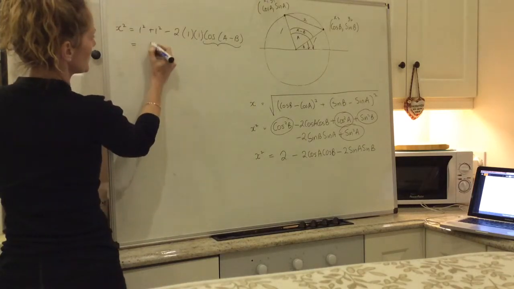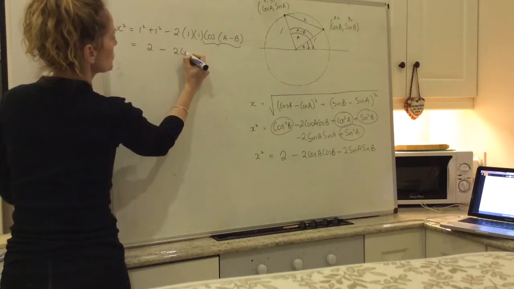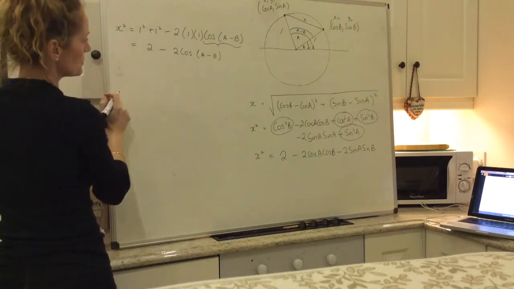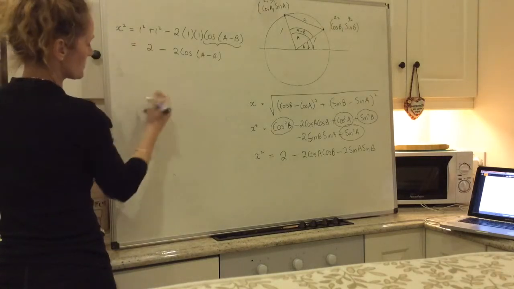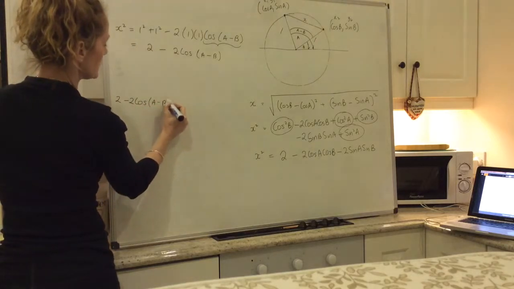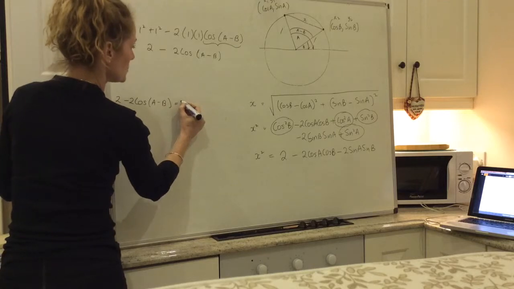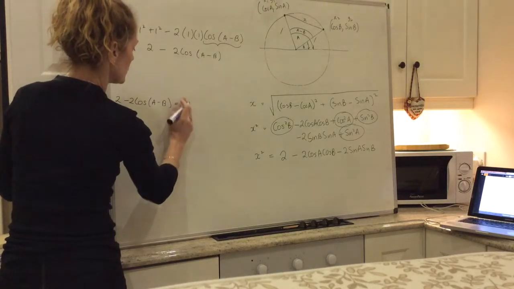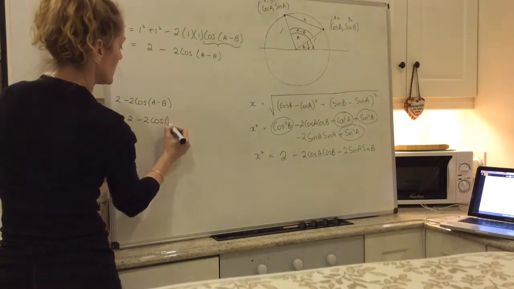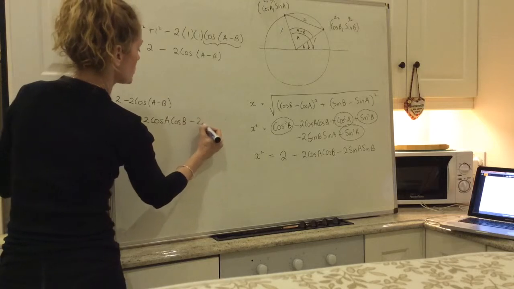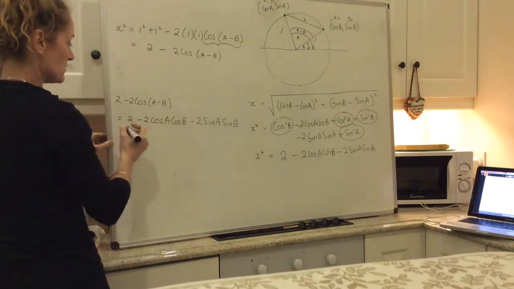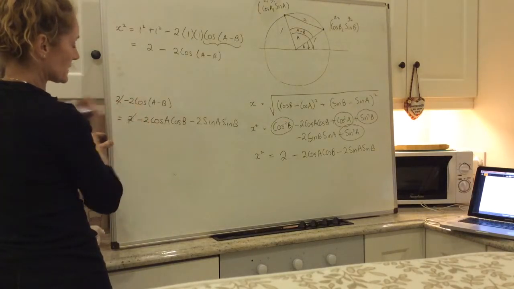So first of all, let's just simplify that. That's 2 minus 2 cosine A minus B. Now we can put the two things together. So 2 minus 2 cosine A minus B is equal to 2 minus 2 cosine A cosine B minus 2 sine A sine B. Now we've got a 2 on both sides, so we can subtract that from both sides.